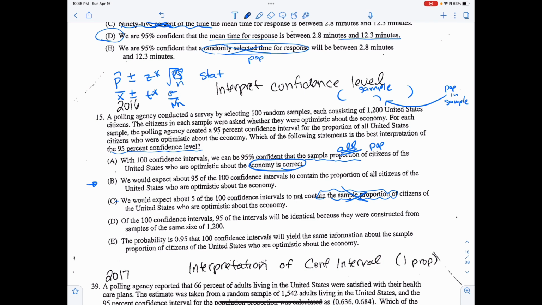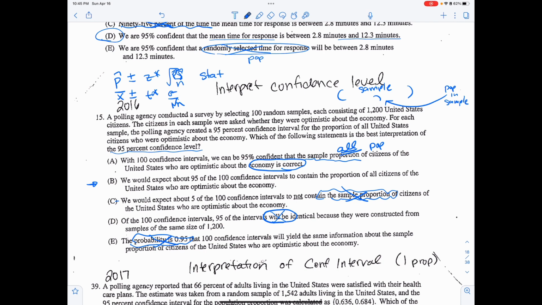Of the 100 confidence intervals, 95 of the intervals will be. That is too deterministic. We cannot say it will be. We're only 95% confident, but we cannot say that 100% will happen. And when it talks about probability, remember, a confidence interval is not a probability. It is either in the interval or it is not in the interval. So when it talks about it as a probability, that is not correct.